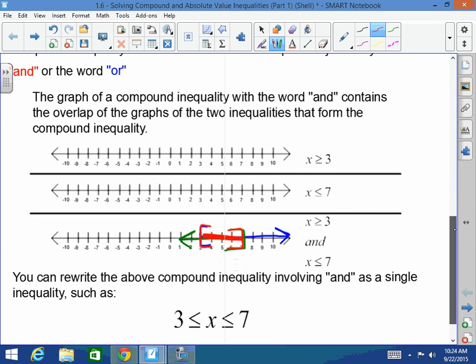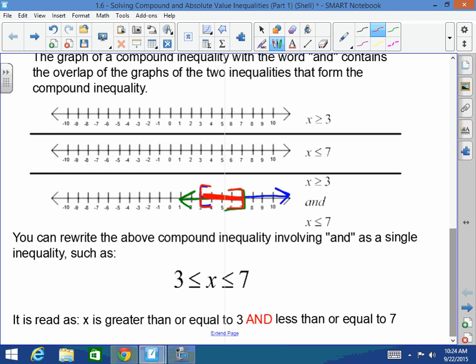This compound inequality can be written as x is greater than or equal to 3 and x is less than or equal to 7. A lot of times people get messed up, and what they do is they read from the number, and that's very inaccurate. So please do your best to remember that you always read from the x. X is greater than or equal to 3, but x is also less than or equal to 7.